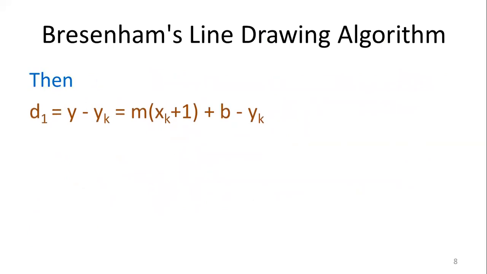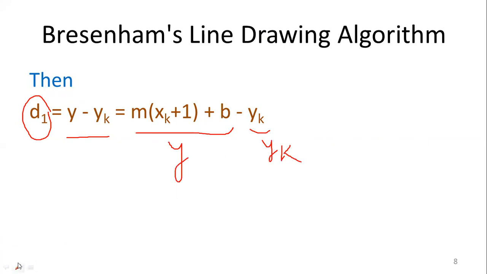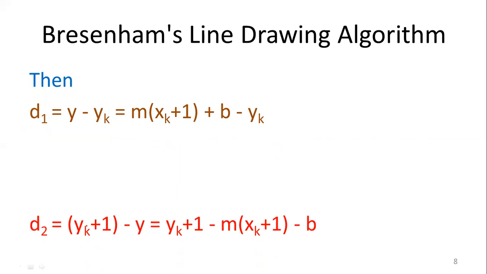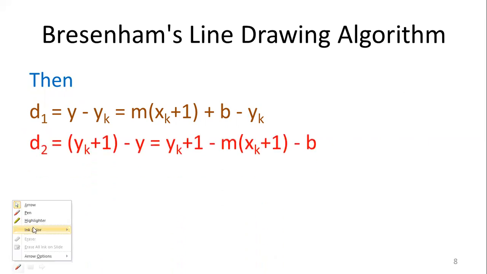Now, what is d? Let us find out what is d1 and d2. From the diagram, it's very clear. d1 is y minus yk. And we know y is m into xk plus 1 plus b, and yk you write as yk itself. Next, what is d2? d2 is yk plus 1 minus y.